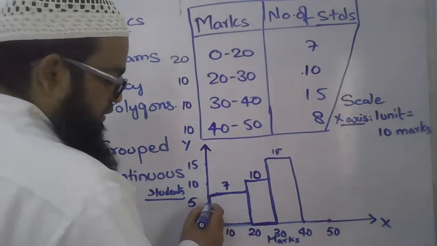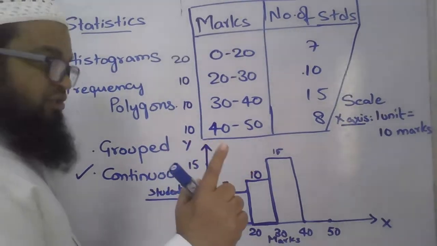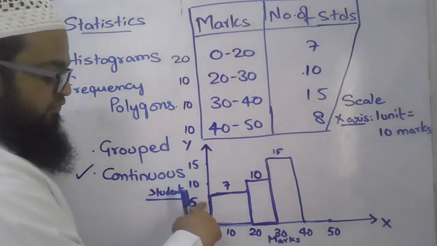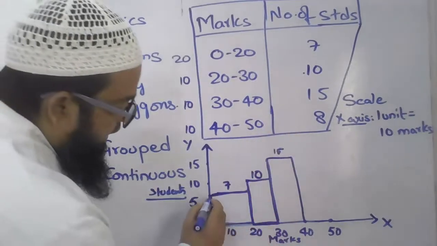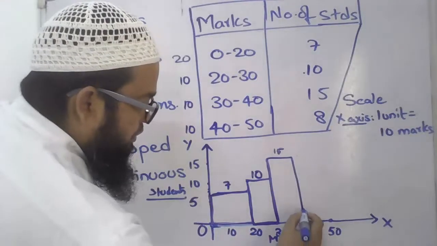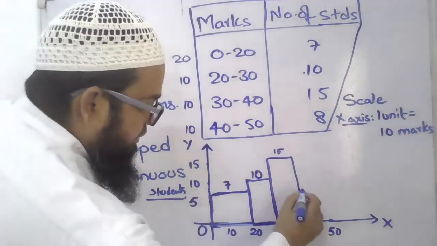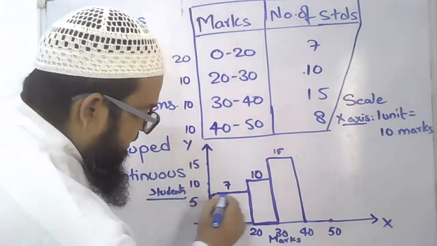8 means what? Two subunits consist of one student. So after 5, you have to get 3 more. You have to get 8. That means 8 subdivisions. So come on, take it. This is 5, 6, 7, 8.